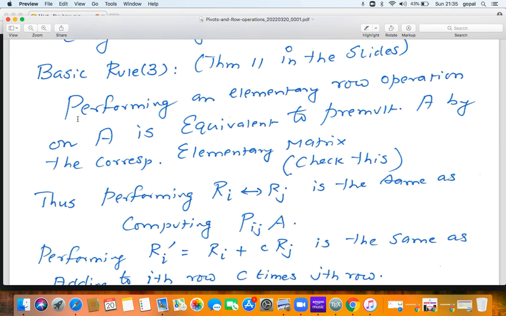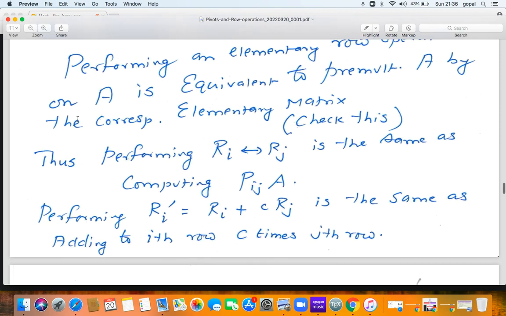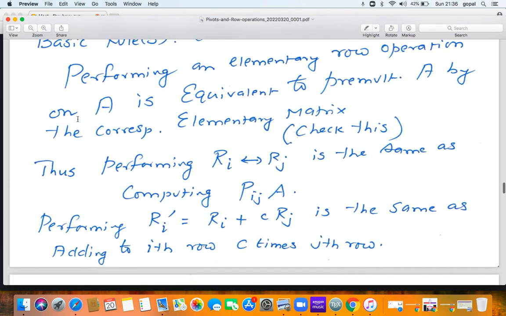Take another row operation: adding to the ith row c times the jth row, where j is not equal to i. Again, let me emphasize, adding to the ith row c times the jth row. Perform this elementary operation on your matrix A. Also calculate E_ijc.